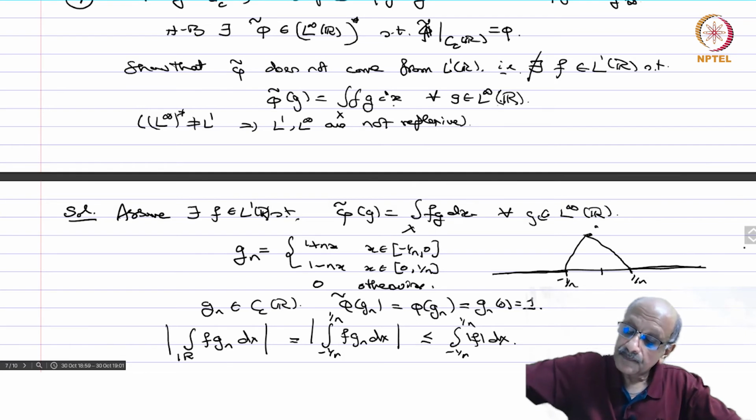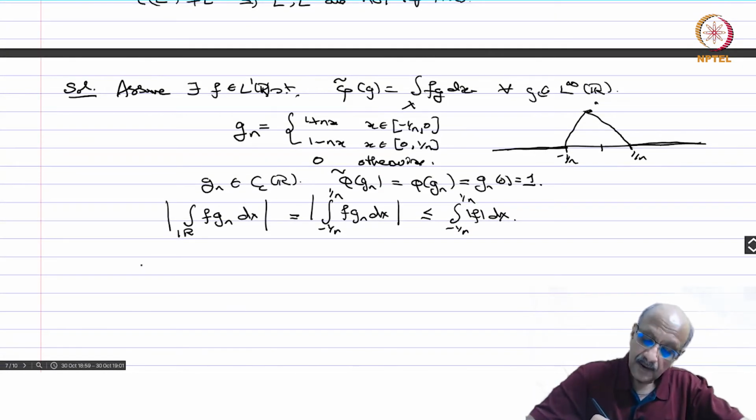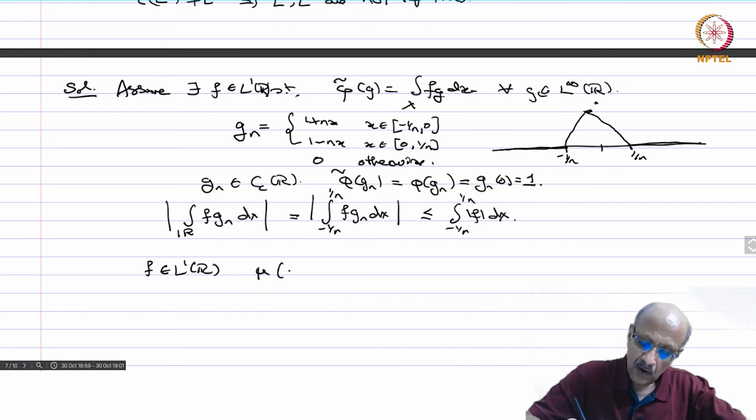Now f is in L1 of R and the measure of minus 1 by n to 1 by n is 2 by n. The Lebesgue measure is just the length of the interval, which goes to 0.